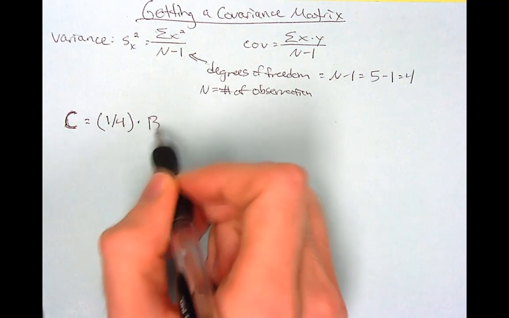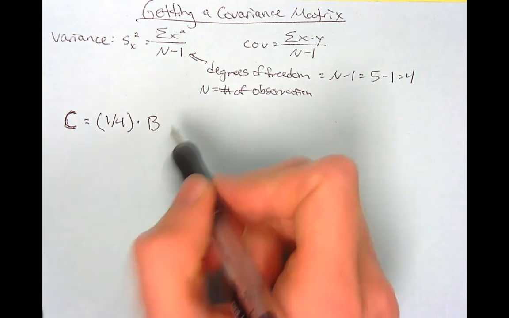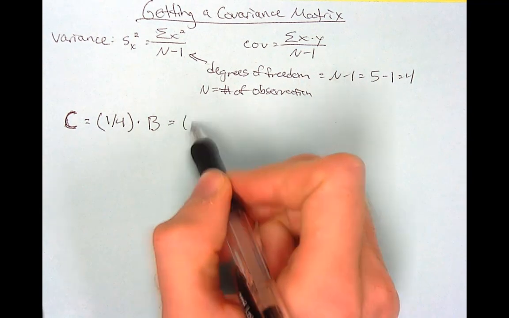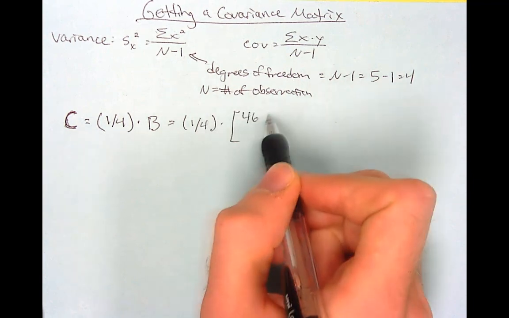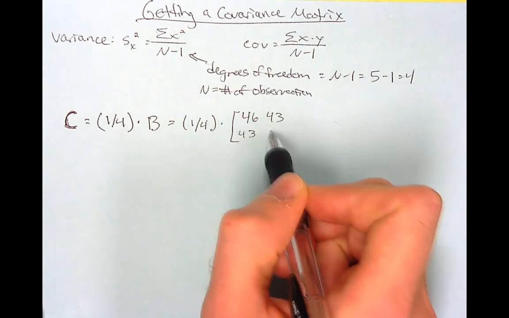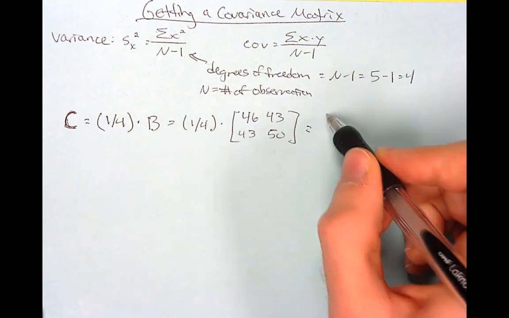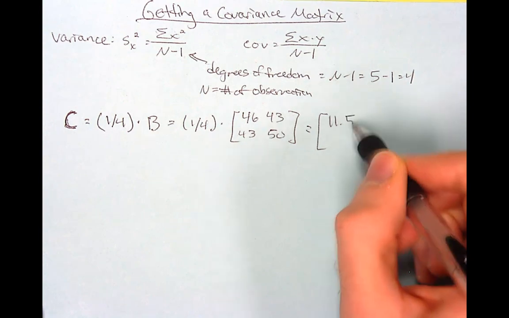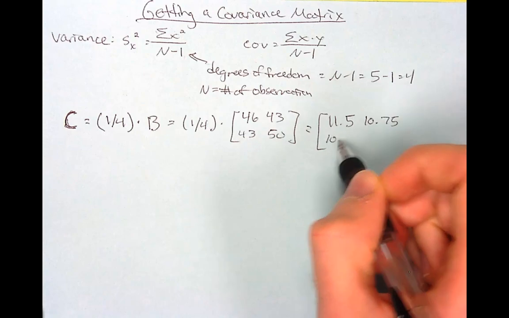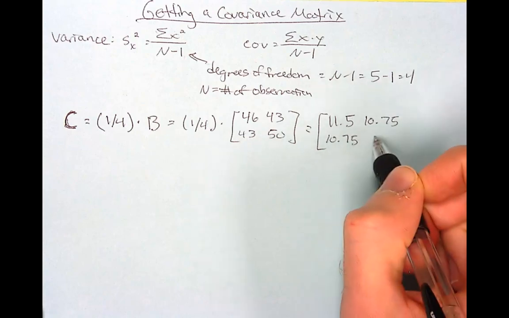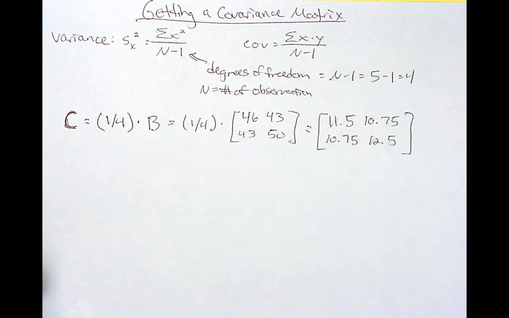And we multiply this by the matrix that we had previously that we got in video 3.8b. So this will be 1 over 4 times our matrix of 46, 43, 43, and 50. And you get 11.5, 10.75, 10.75, and 12.5. And this is your covariance matrix.